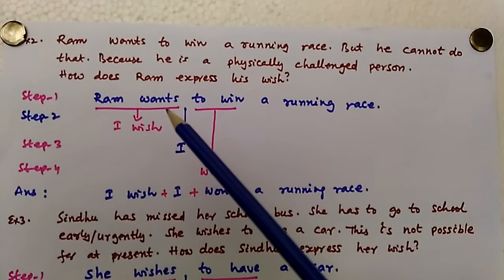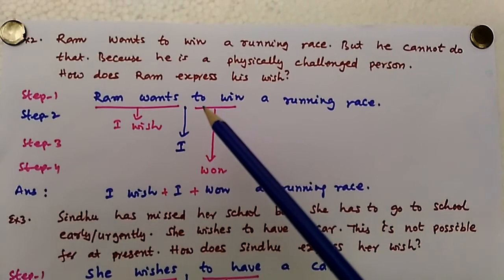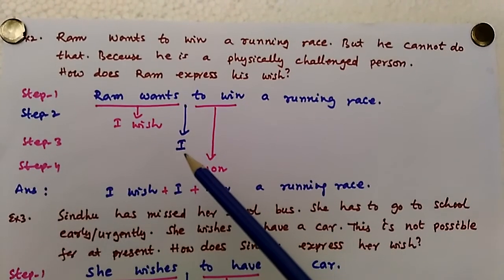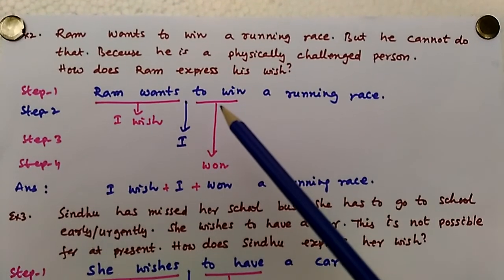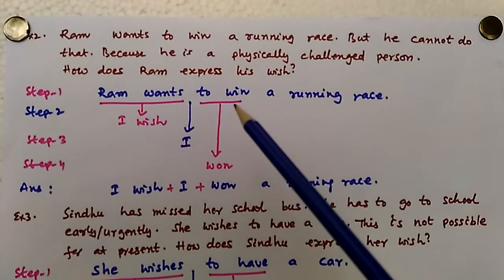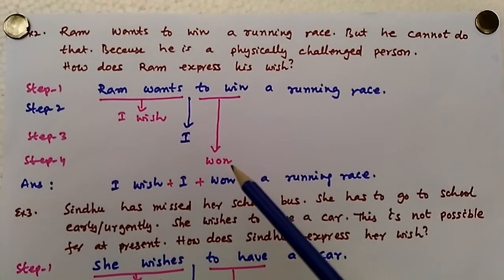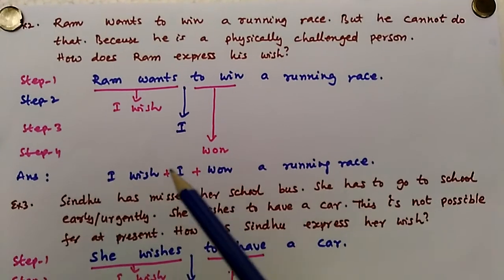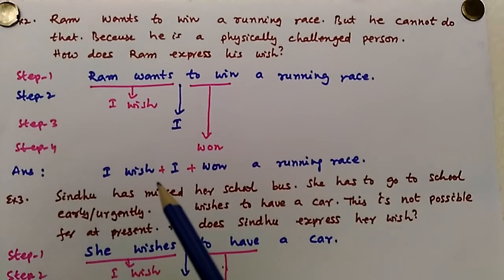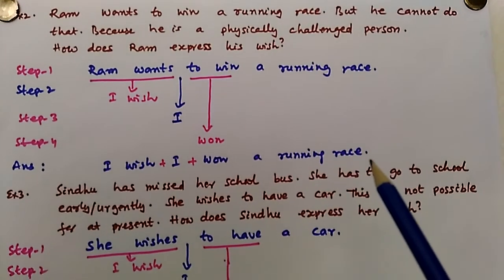And in the fourth step, to plus verb 1 is changed into verb 2, that is won. So the final answer will be I wish I won a running race.